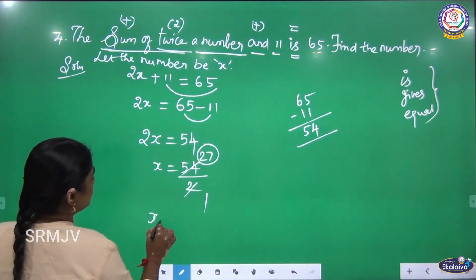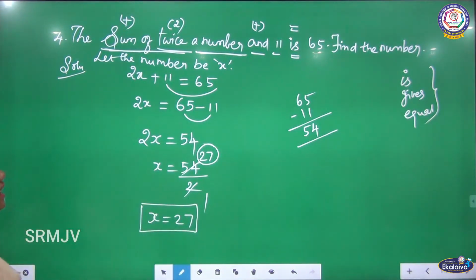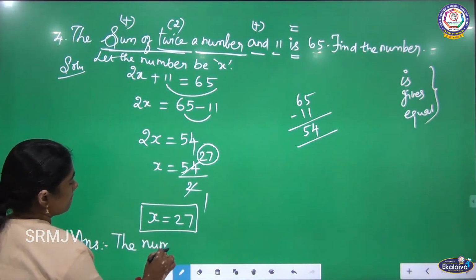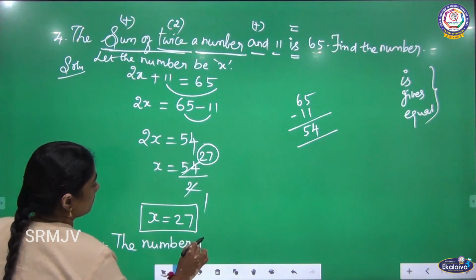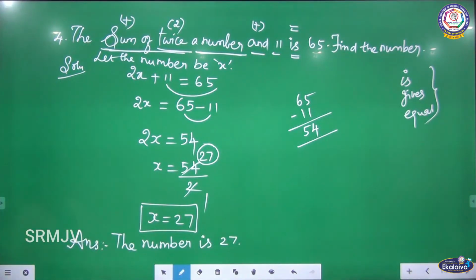Now x is equal to 27. Got it? x is equal to what? 27. Now I can write the answer to be, the number is 27. Is it clear? Is it clear, children?